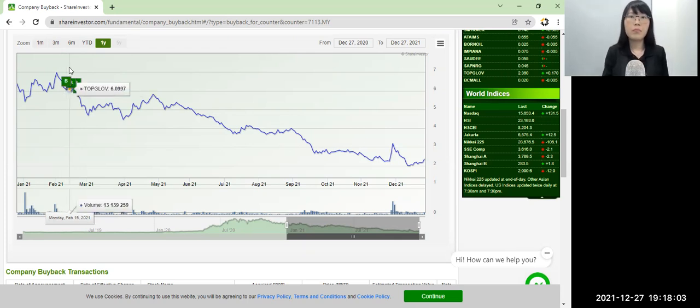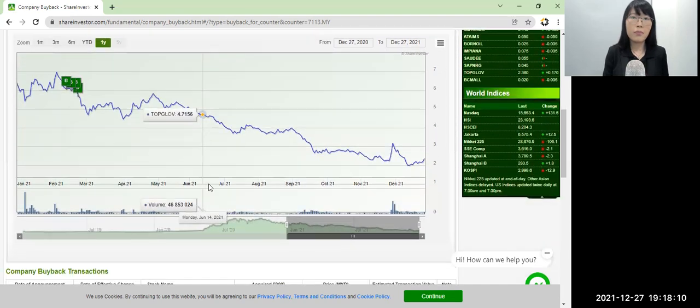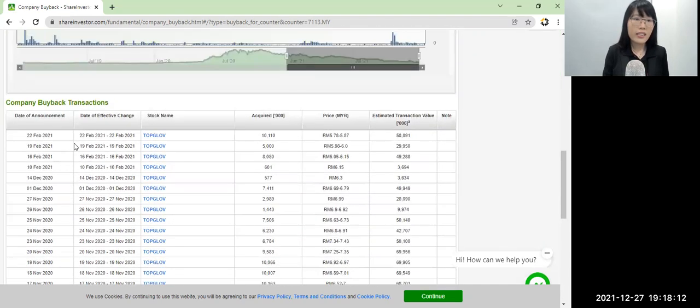So this is the share buyback information that you can find. When you scroll down, you can see when the latest share buyback by Top Glove was done. So this is the share buyback function.